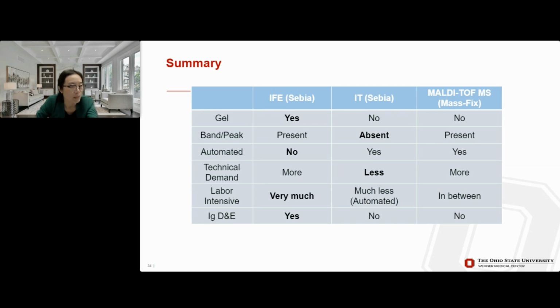The mass spec methodology does not need gel, requires detecting the peak, and is automated, but it is more technically demanding. Mass spec also has a limitation, which is the detection of IgD and IgE heavy chains. That's why at Mayo Clinic, if they suspect an IgD or IgE heavy chain, they still need to reflex to gel electrophoresis.